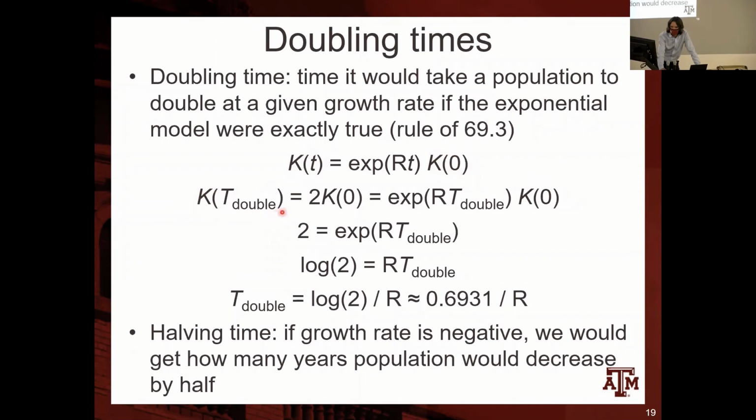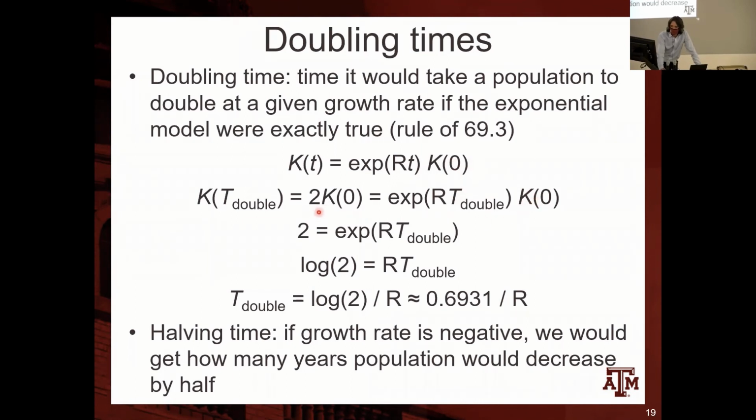So what I'm trying to find is when this population will reach 2 times K0, 2 times the population that I have right now, the population at the current time. So this number goes here, and then I have exponential of R, the T that will double, and the population at the beginning of the period.